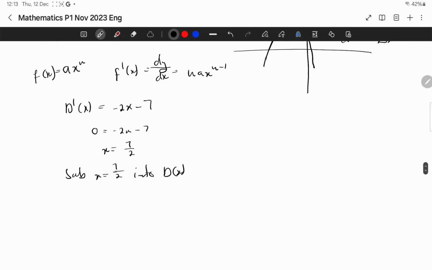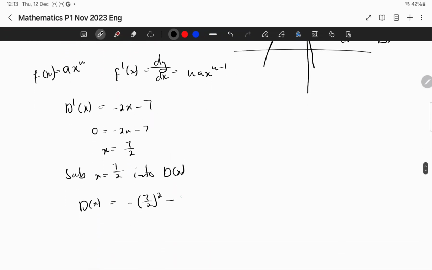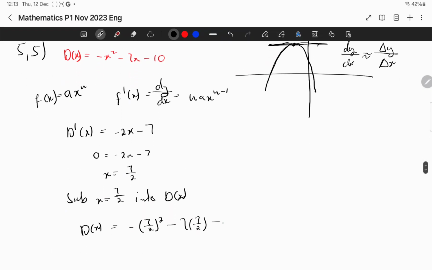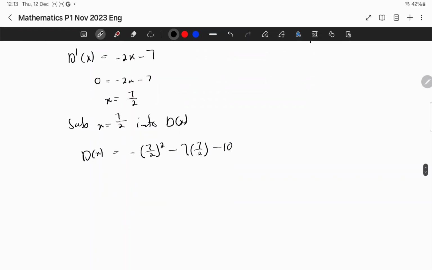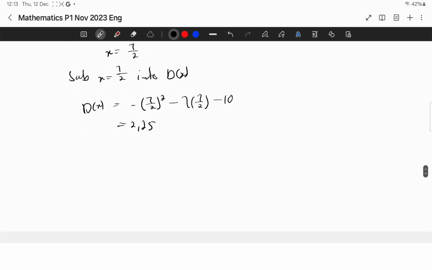When you do that, d of x becomes negative 7 over 2 squared minus 7 times 7 over 2 minus 10. Then you do some grade 1 algebra there, and your answer should be 2.25. That's the value of the greatest distance between f and g.